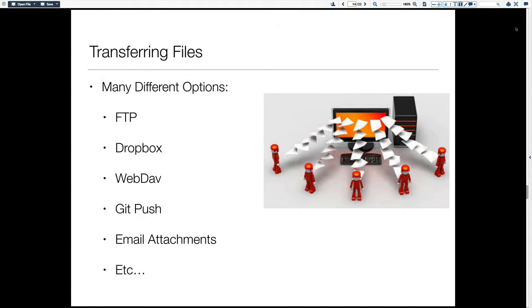The original was FTP. You may have heard of Dropbox, which is an attractive way of providing content to providers these days. WebDAV, which is kind of like a virtual disk mounting system. And of course, email attachments, still supported, although very insecure. And you may have heard of Git. Git push is becoming increasingly common.